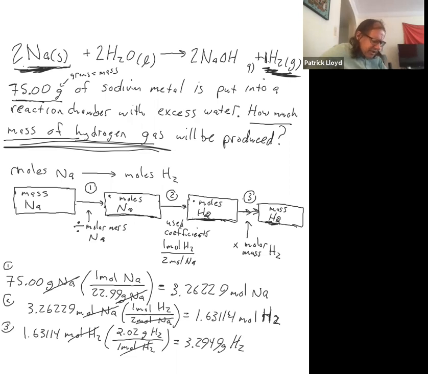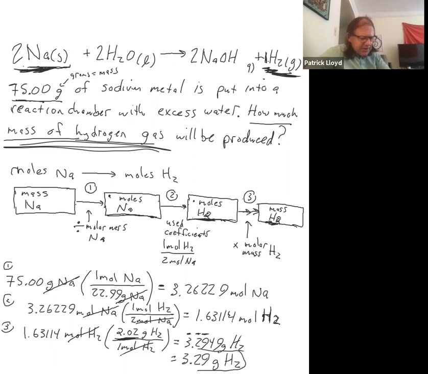But actually, looking at it here, this number right here only has 3 sig figs. I didn't use the full value in some periodic tables, 1.00794 for hydrogen. I used 1.01. So if that only has 3 sig figs, we got to round this to 3 sig figs. So 3.29 grams of hydrogen.